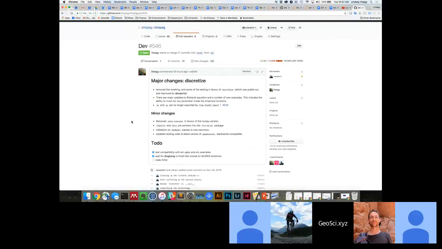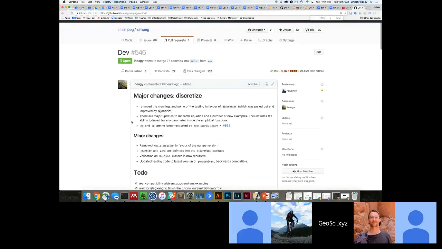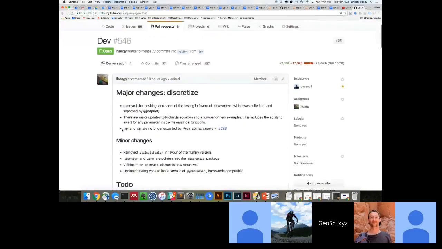And then there's one other thing: NumPy and SciPy sparse are no longer being exported by the SimPEG import star. So that means if you're relying on those, you'll have to add two other imports at the top of various functions.